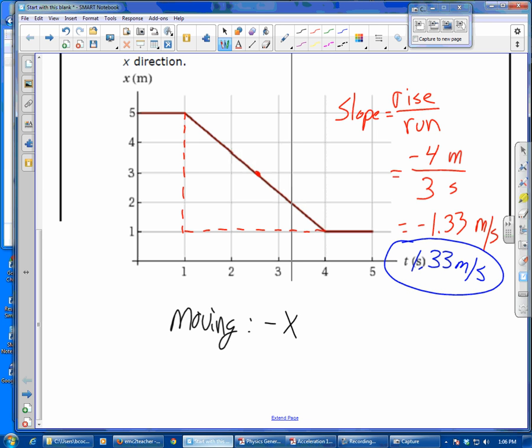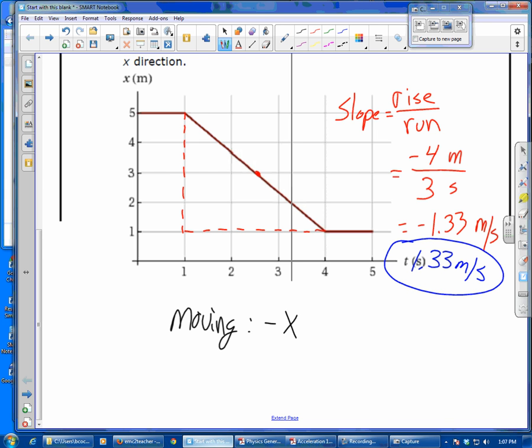Good. What is the acceleration of the object at 2.5 seconds? Nope. Good try though. Remember, that's our speed. So we look at this and we say, oh, that's a constant slope, and so that's a constant velocity. So it's a constant speed.